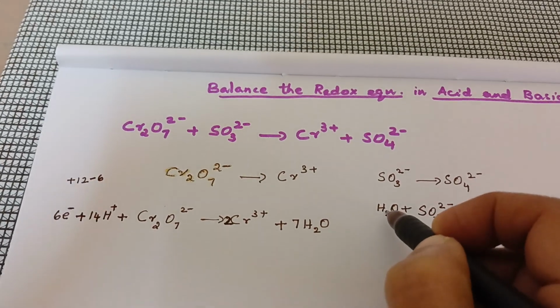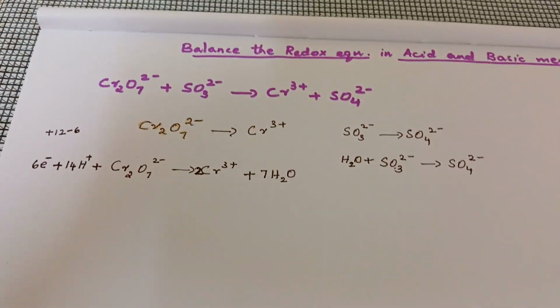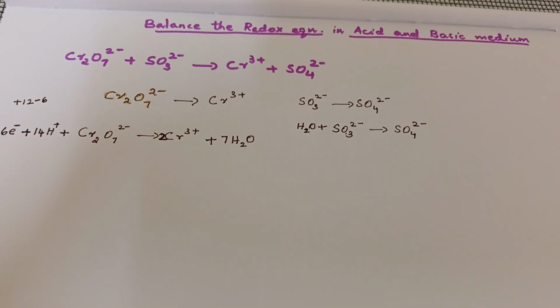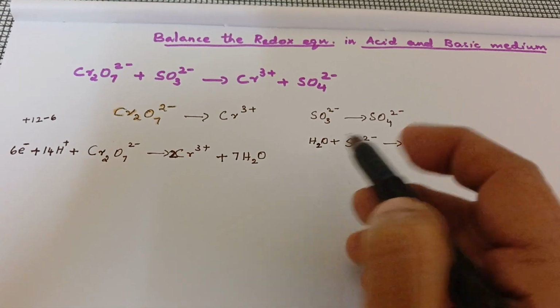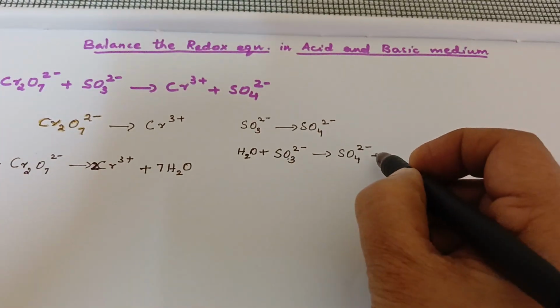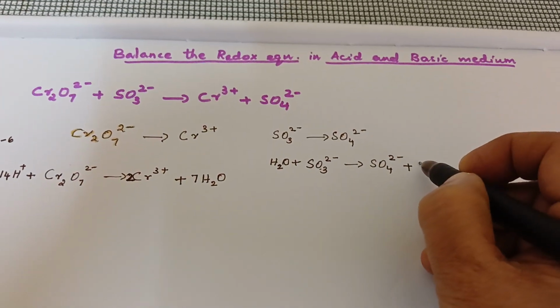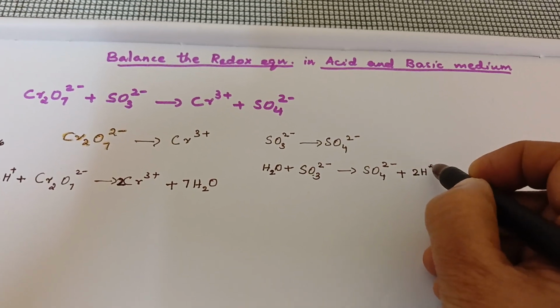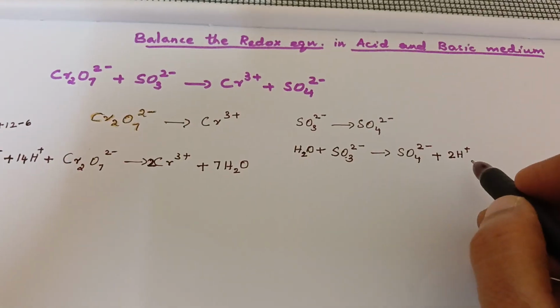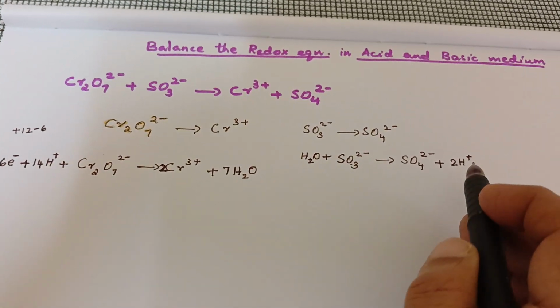We needed 1 oxygen, so we added 1 molecule of water. Now there are 2 hydrogen atoms on the left hand side and on the right hand side there are no hydrogen atoms. So we can add 2 H+ ions. That is how we add hydrogens. So now atoms are balanced.